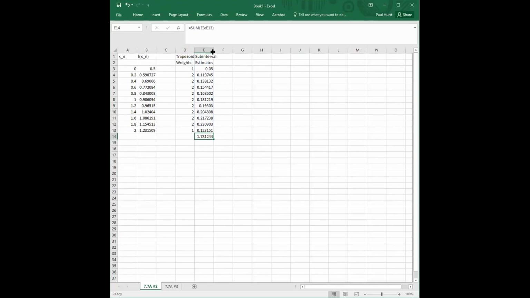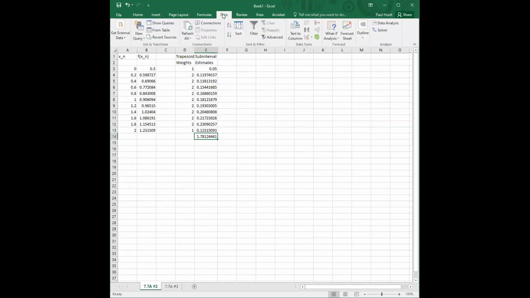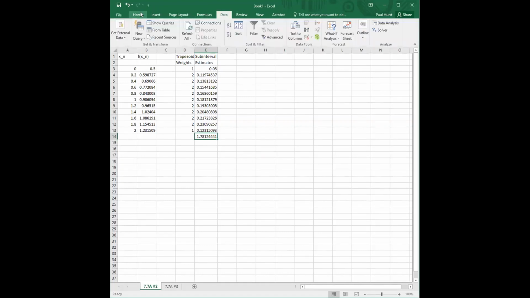I need 6 decimal places, so you might have to make this wider to make sure you get 6 decimal places. You also might have to go into your Excel settings and make sure that it's going to give you at least 6 significant figures or 6 decimal places. So you might have to go, where is that?